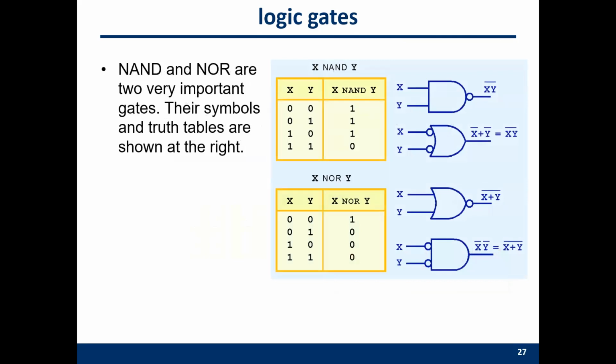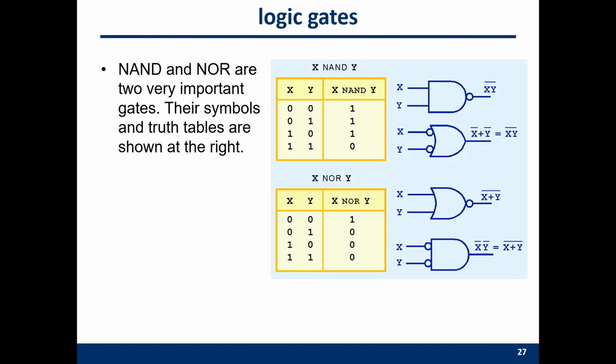And then we have a NAND operation and a NOR operation. They are also very important. Unlike the AND operation, the NAND operation just adds a NOT gate to the output of the AND operation. So you can see that except the last row, whose input is 1 and 1, all the other rows generate 1.